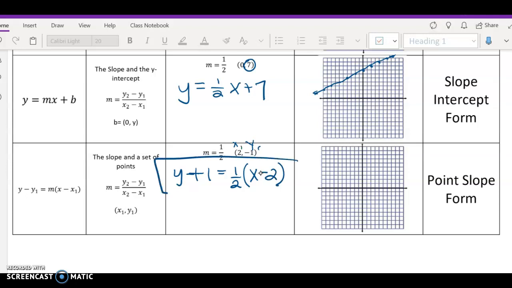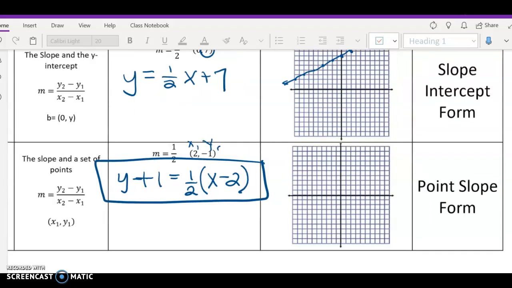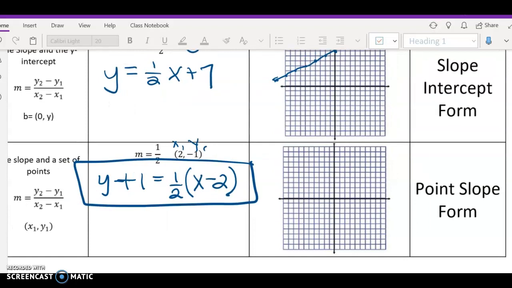And this is our equation for point slope. So now to graph it, we actually have to solve for slope-intercept form. So I have y plus 1 equals 1/2 x minus 2.